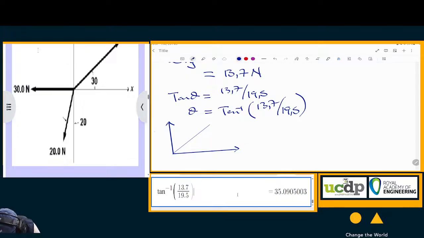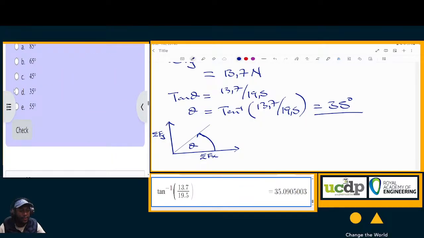This is your summation of Fx. So I'm moving from the positive x-axis, and that becomes your angle theta, which is equal to 35 degrees. You should be able to check that to see 35.